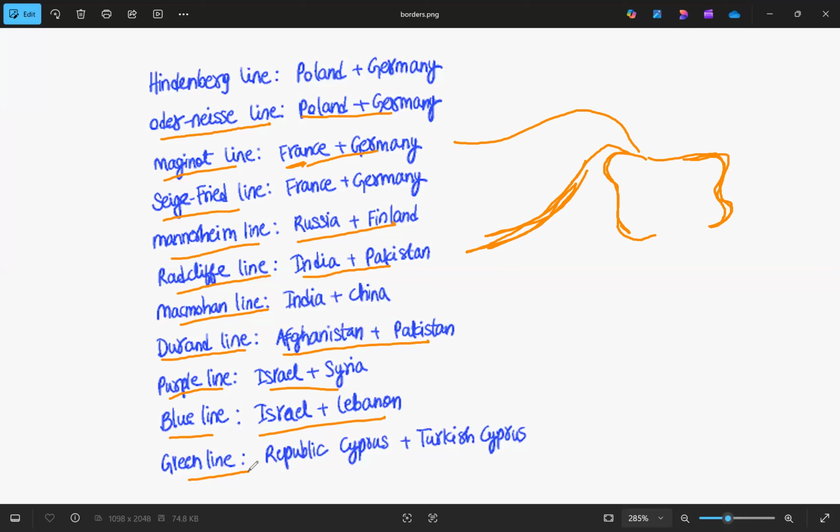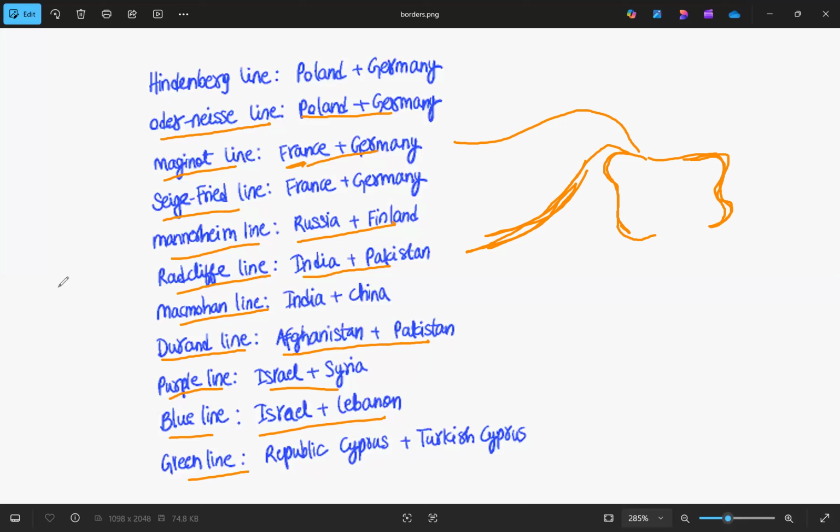After that, the McMahon line, which separates India and China or the Tibetan region. And the next one is the Durand line, which demarcates the boundary between Afghanistan and Pakistan. Next, the purple line, which separates Israel and Syria. The blue line, which separates Israel and Lebanon. The last one is the green line, which separates Republic Cyprus and Turkish Cyprus.